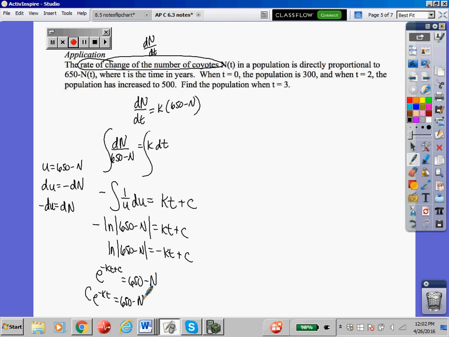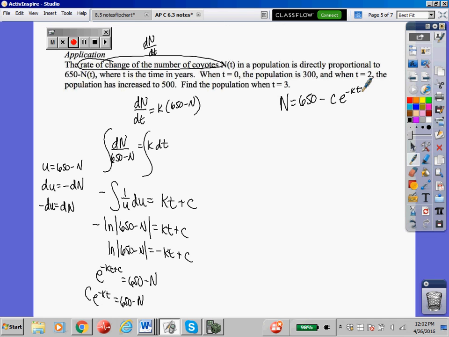So that's always going to be a c that goes out front. So I'm hoping we can begin to skip that step. Now, I'm going to add n to both sides of the equation and subtract the c e to the negative kt power. Okay, I added n to both sides and then subtracted the c e to the negative kt. I'm trying to solve this for n.